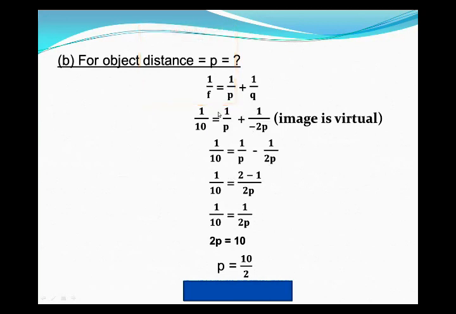In the next step, first we multiply the signs. Plus times minus is minus. So it becomes 1 over 10 is equal to 1 over P minus 1 over 2P.